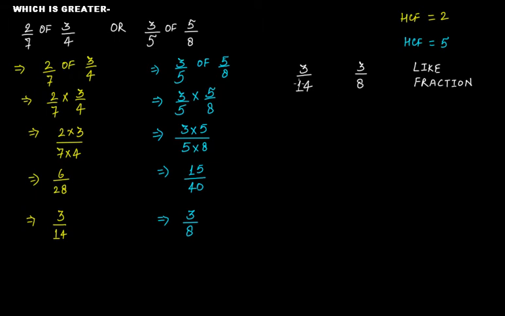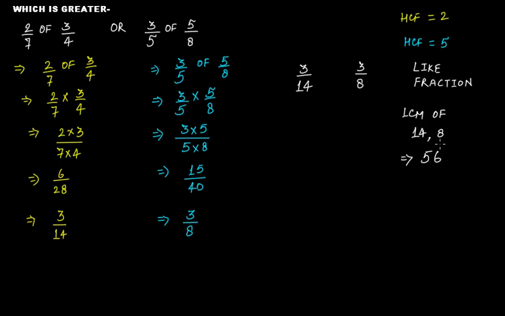Now in order to make these two fractions like fractions, first find out the LCM of 14 and 8. When you find the LCM of 14 and 8, the answer will be 56. How we got this value?